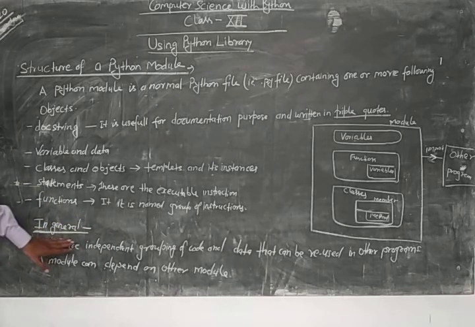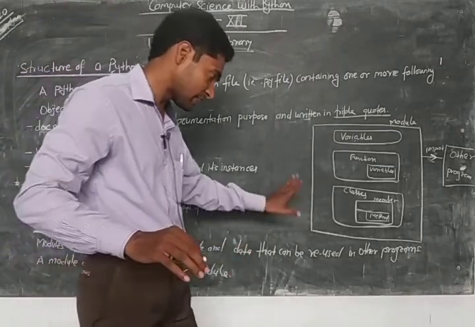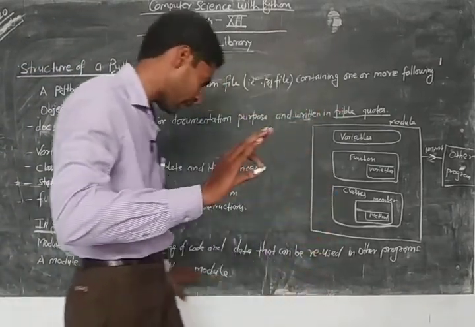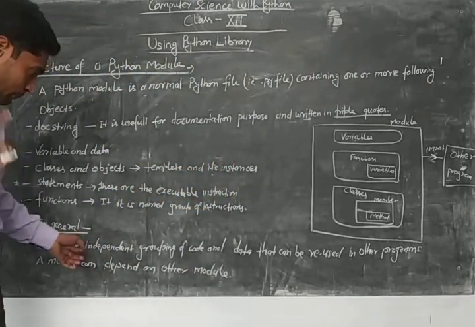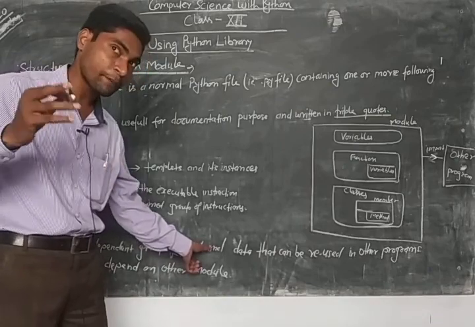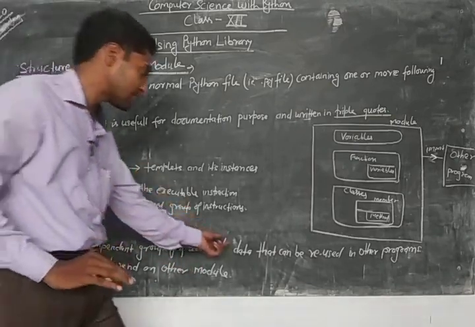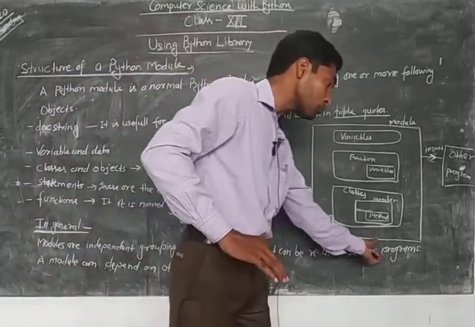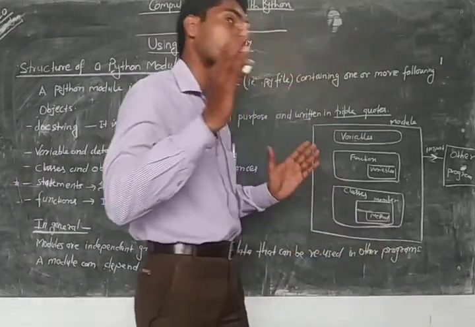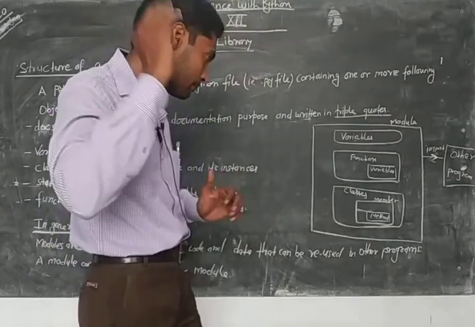First, modules are an independent grouping of code and data that can be reused. You can split it into 3 points. First point, it is an independent group of code that is independent from another group inside the program. Second, it can be reused in other programs. Once you have defined the module, then you can use this module in any other program.